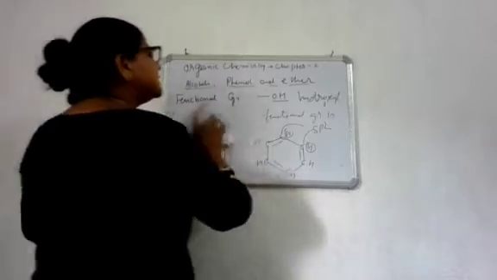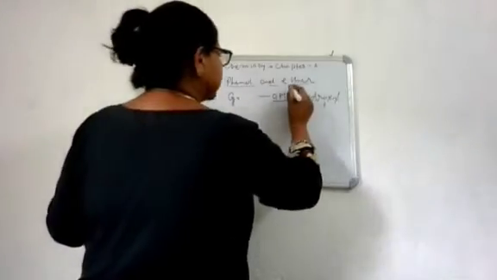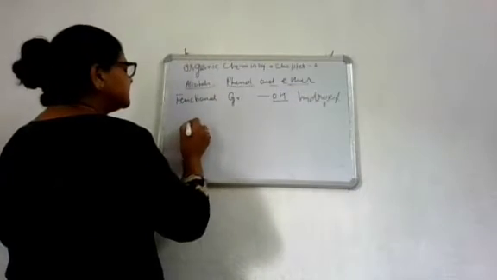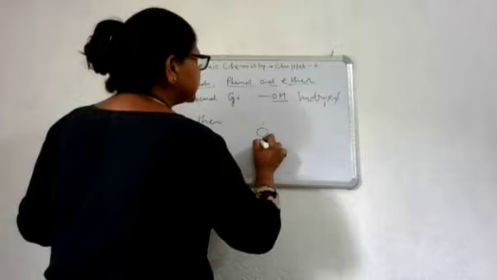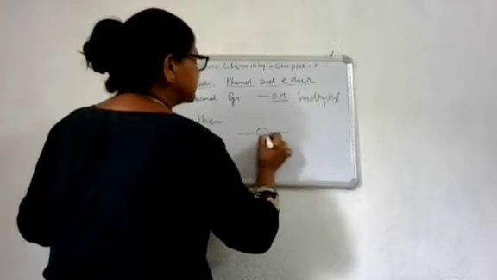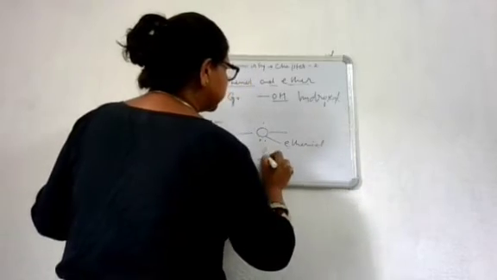Then the third member of this chapter is ether. Ethers have what is called an ethereal linkage.